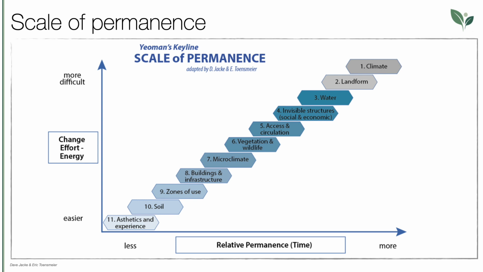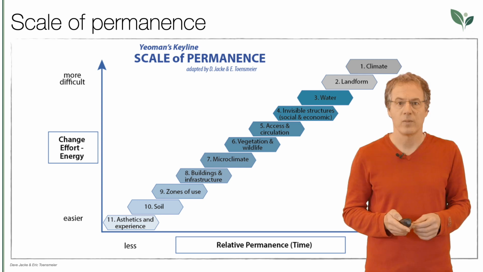Looking at the list, we can note that the factors of landform and water, while potentially changeable on the farmscape, would require large machines moving earth around, while the simple planting of a bed of flowers or the removal of old farm debris could dramatically improve the aesthetics and experience of a site.